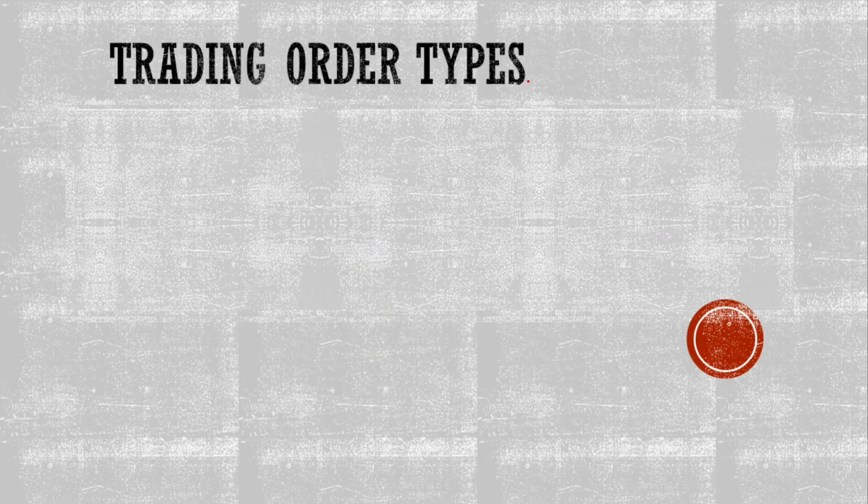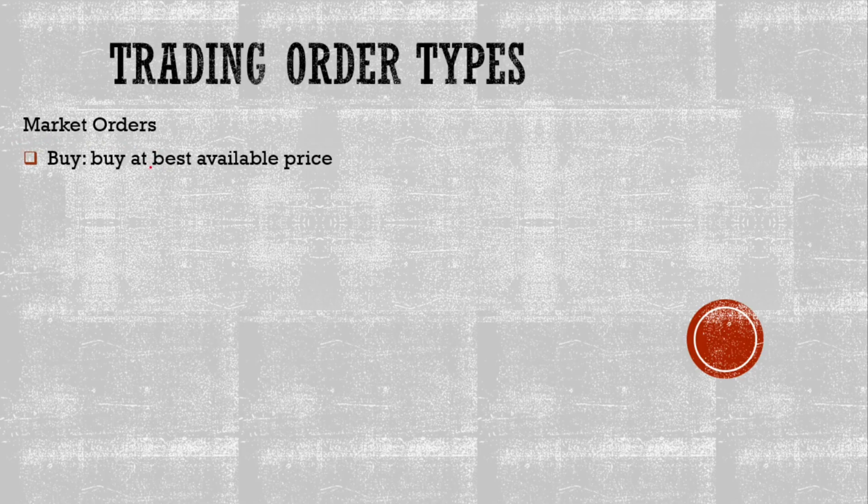All right, now let me talk about the trading orders. We have two categories of trading orders: market orders and pending orders. Let me talk about market orders first. We have the buy market order, which allows you to buy at the best available price. Then the sell market order allows you to sell at the best available price.